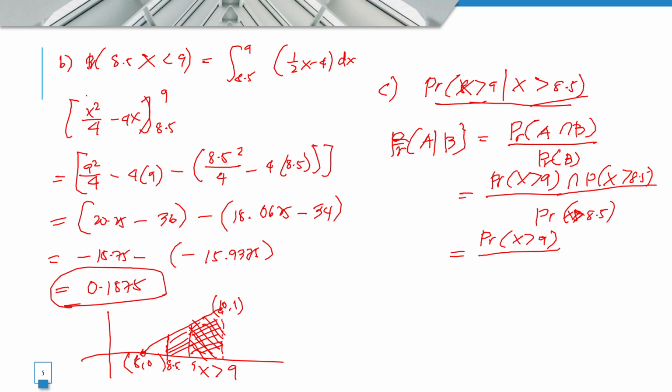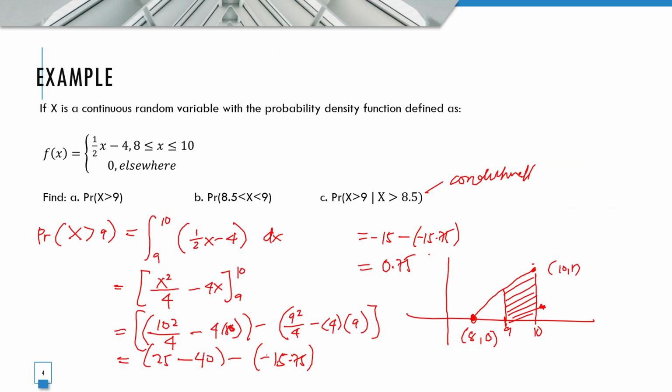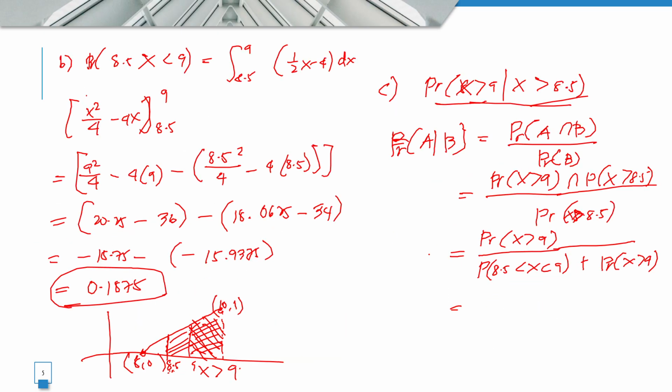So this one is the probability between 8.5 and 9 plus the probability of x greater than 9. We are going to add the probabilities. So what is the probability of x greater than 9? The probability of x greater than 9 is 0.75.